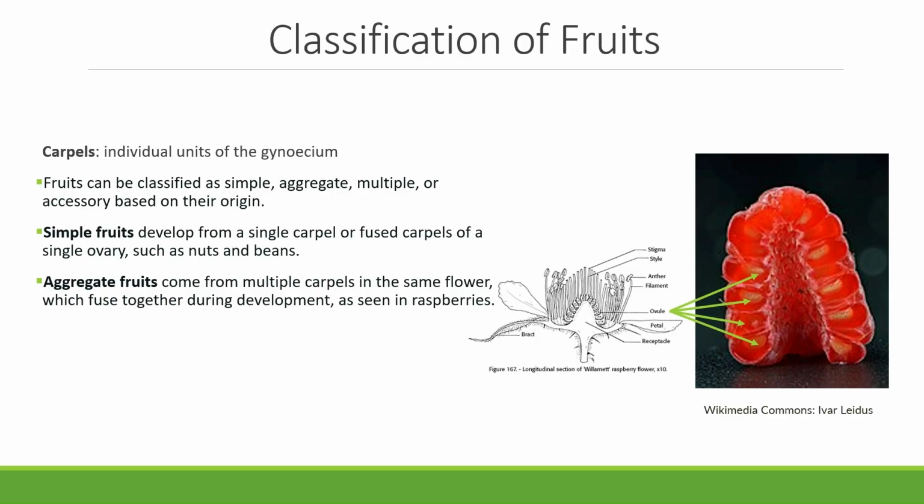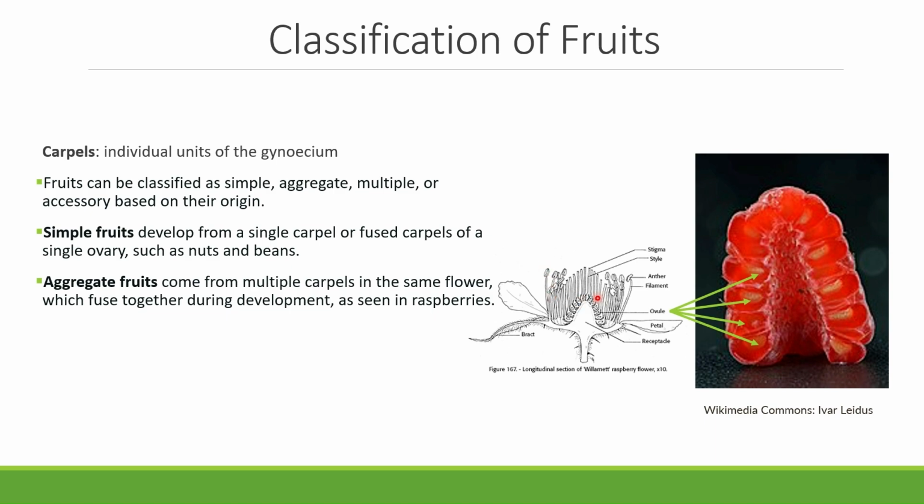Aggregate fruits develop when multiple carpels within the same single flower each form a small fruit, and then those small fruits fuse together during maturation.